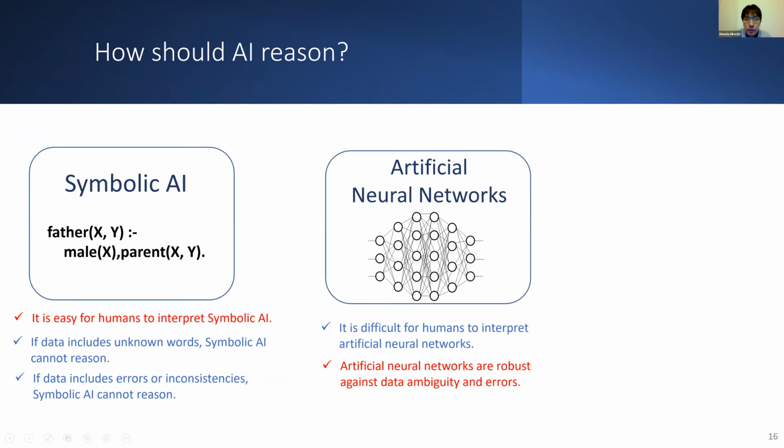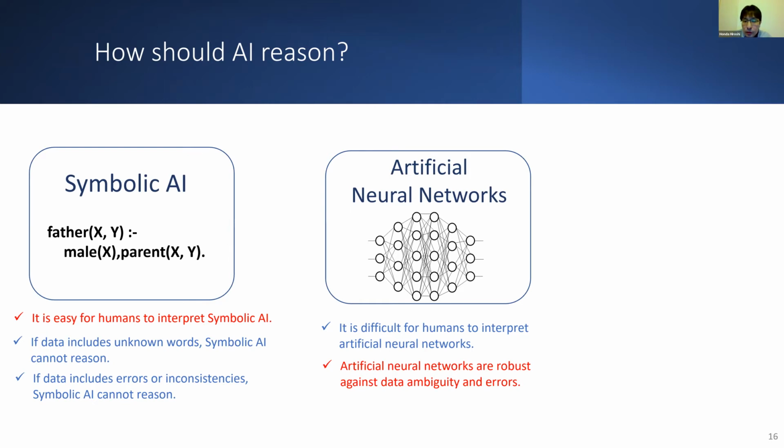How should AI reason? Symbolic AI has a strong point, such as that it is easy for humans to interpret. However, symbolic AI has weak points, such as that if data includes unknown words, symbolic AI cannot reason, and if data includes errors or inconsistencies, symbolic AI cannot reason.